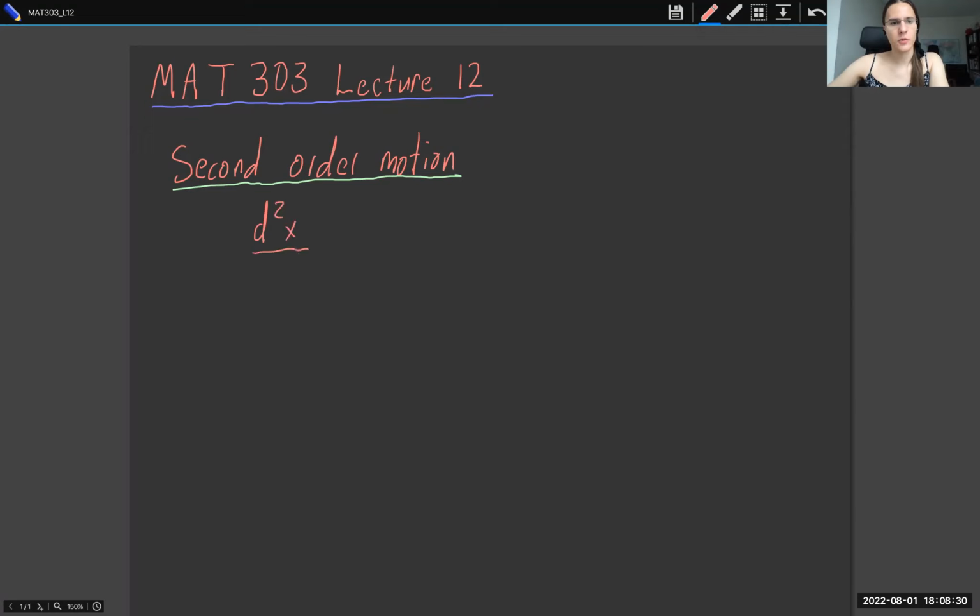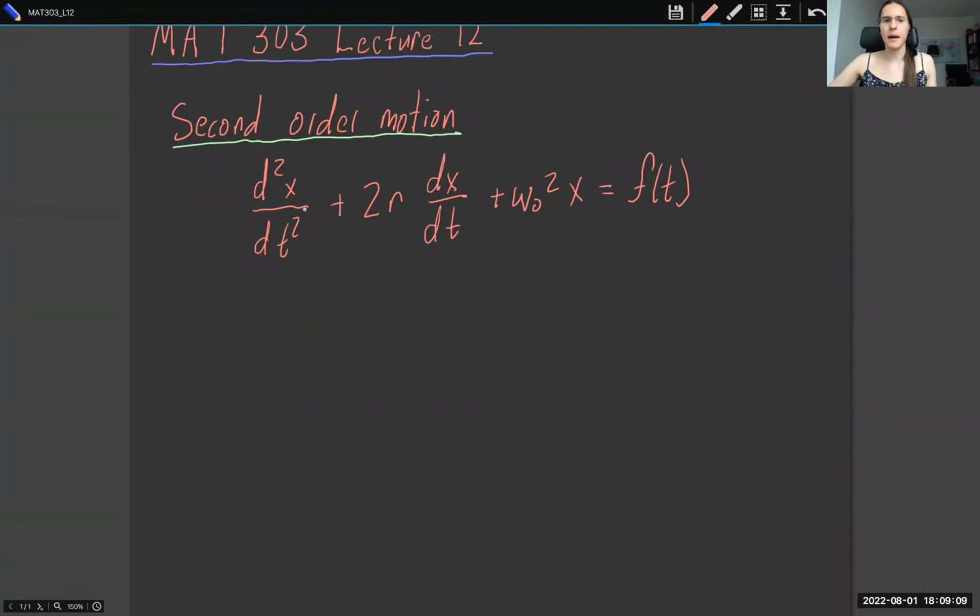And then I'm going to write this coefficient as 2r, plus omega naught squared x is equal to some f of t. So the differential equation is going to be x, and sometimes it's going to be y, but anyway, x is a function of t.